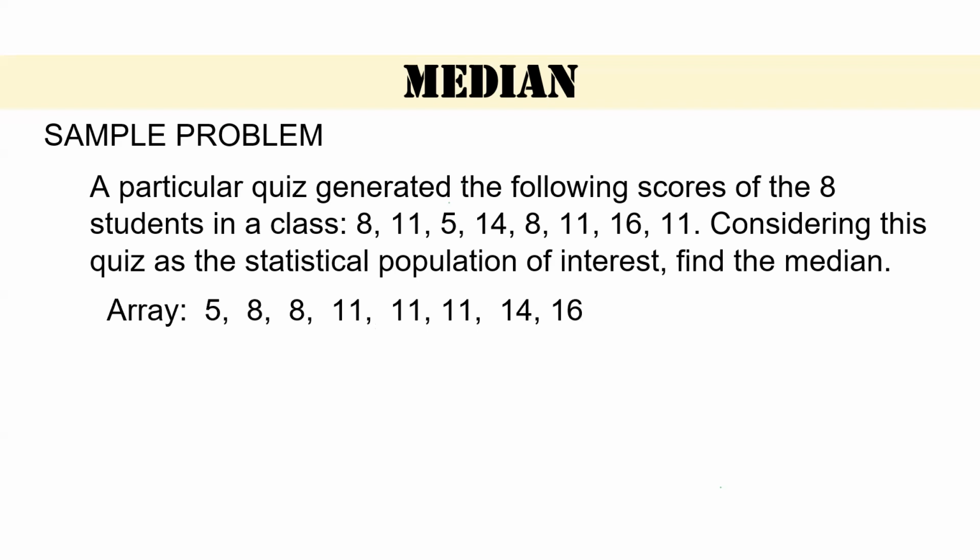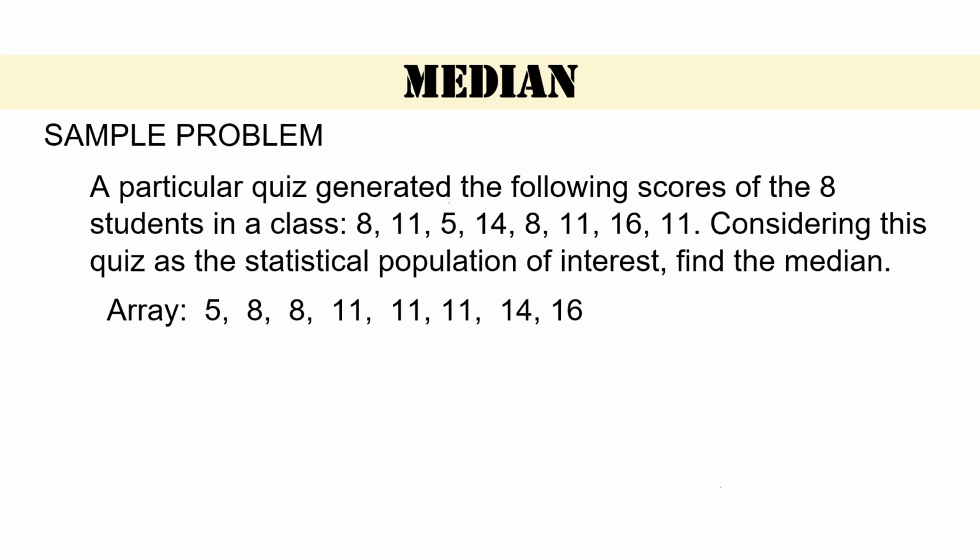Okay, next. I hope it's clear with you. I hope that you can follow. Next question. There are 8 scores, right? Is 8 even or odd? Even. And according to the rule, if the number of scores is even, you have to get the average of the 2 middle numbers. Take a look at the list.